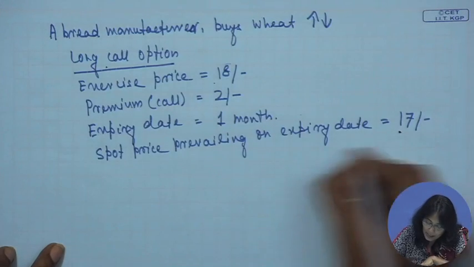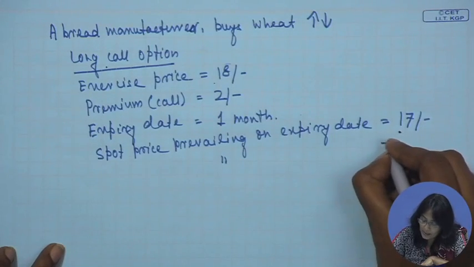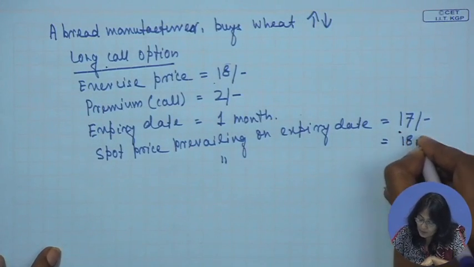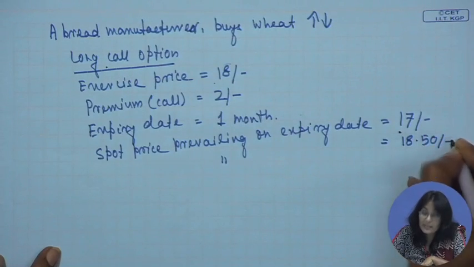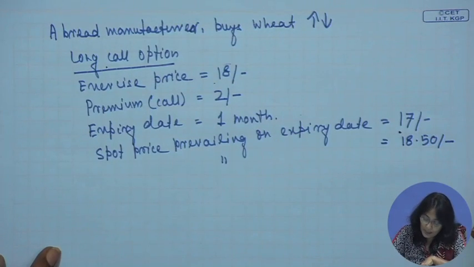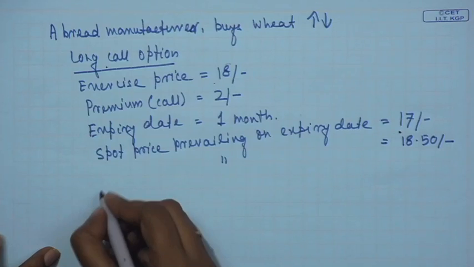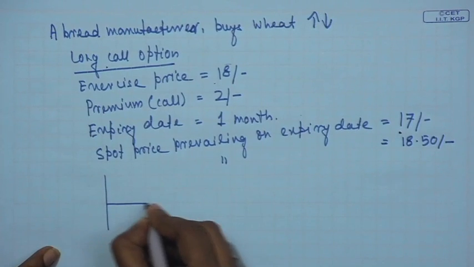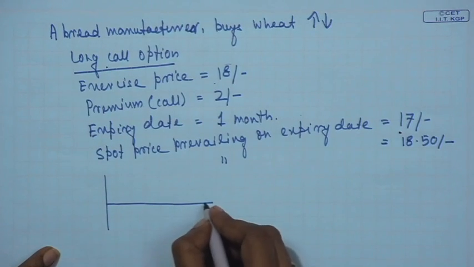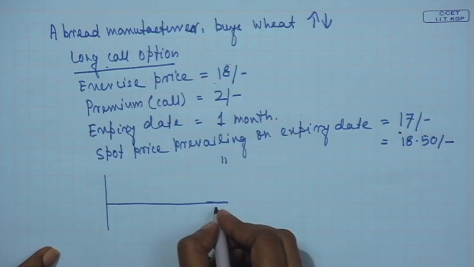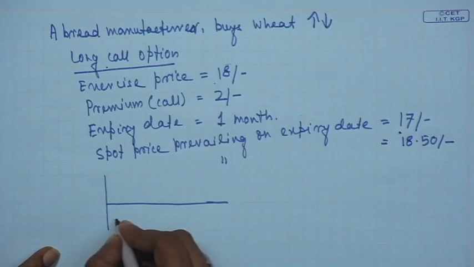Now, let us say the spot price prevailing on the exercise date is 18 rupees 50 paisa. Will he exercise? Yes, he will exercise the contract. So, what will be his payoff? So this axis is the different spot prices.